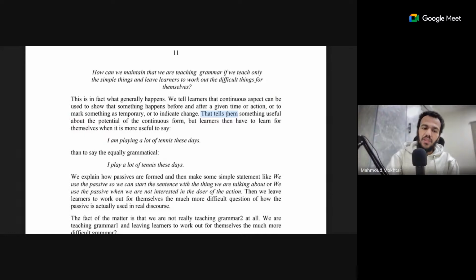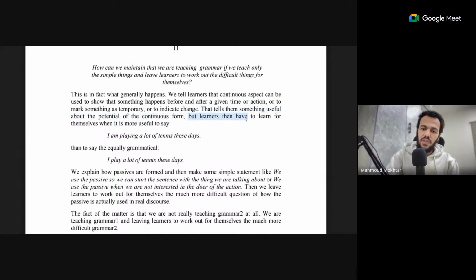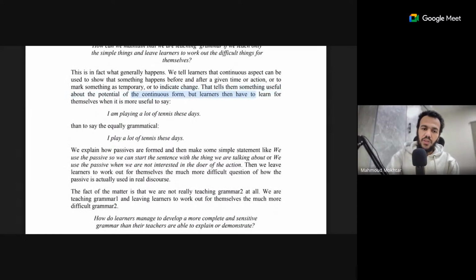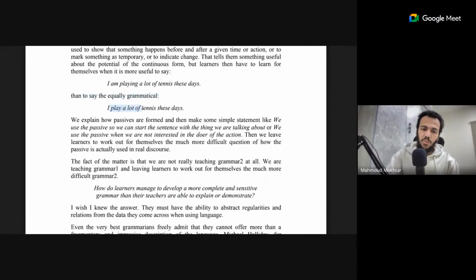That tells them something useful about the potential of the continuous form. But learners then have to learn for themselves when it is more useful to say, "I am playing a lot of tennis these days," and to say, equally grammatical, "I play a lot of tennis these days."